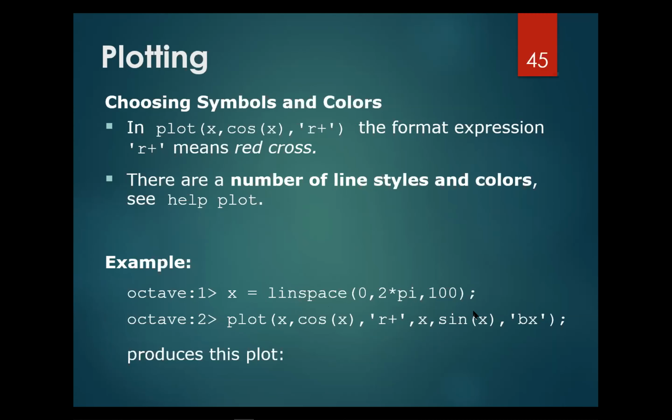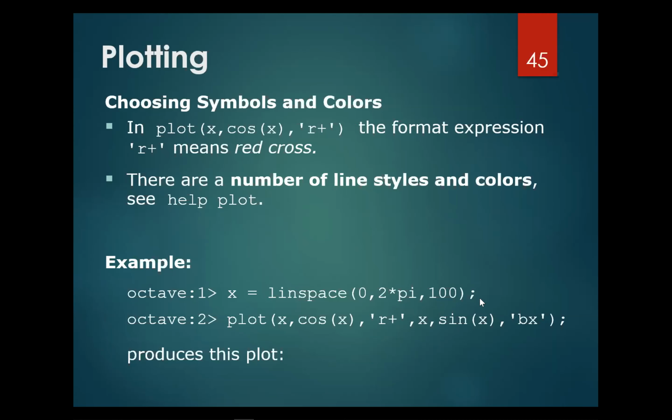So we want to get a range of values from 0 up to 2 pi, and it's going to give us 100 points between them.